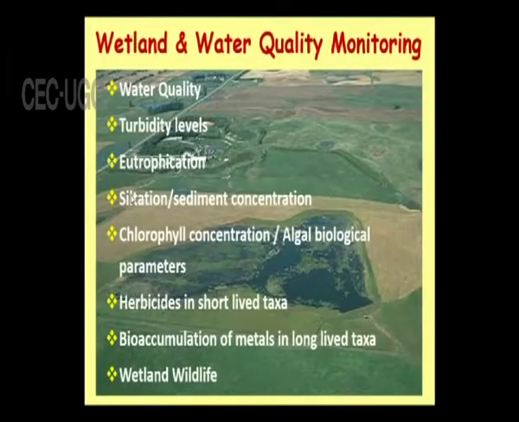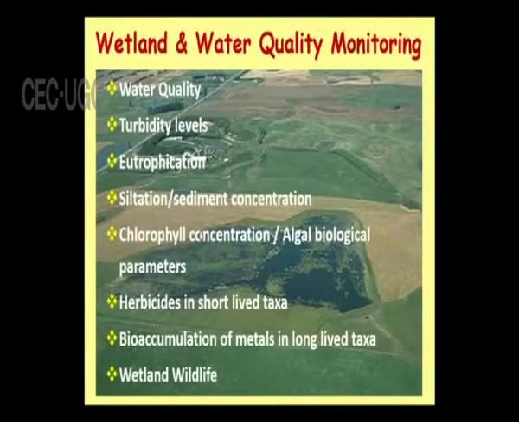And so, the eutrophication, the siltation or sediment concentration, because most of the wetland ecosystem is connected with nearby houses or the industries. So, from there the nutrients or the water is deposited on the wetland, and gradually all the pollutants are deposited over there, sedimentation, and the chlorophyll concentration, the algal biological parameters, the herbicides in short-lived taxa.